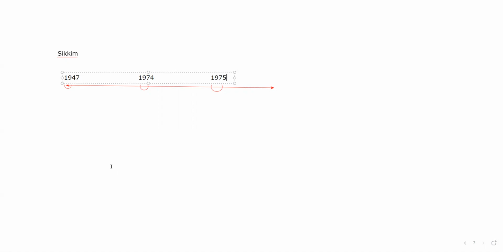So actually what was the scene there? At the time of independence of India, Sikkim was an Indian state under the Chogyal, subject to the British paramountcy.